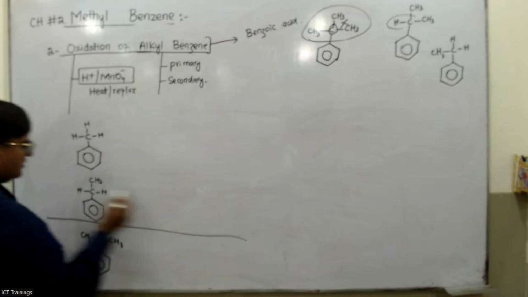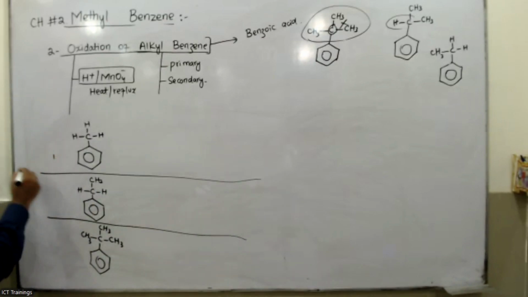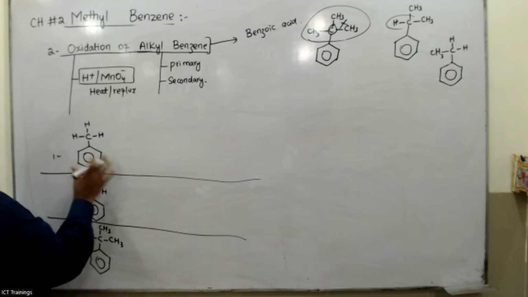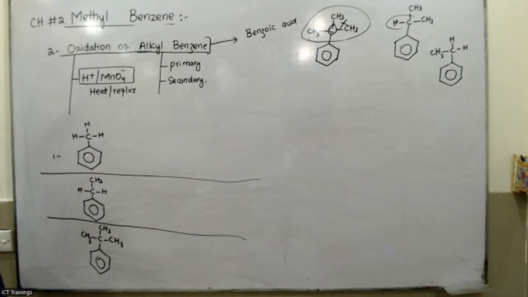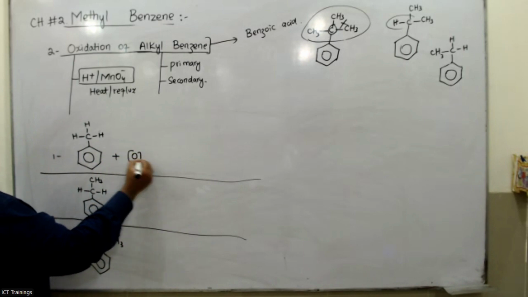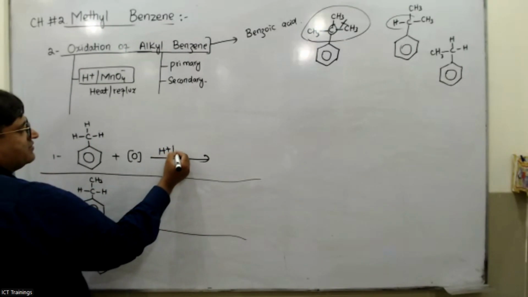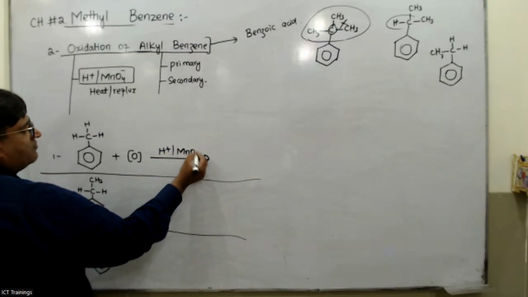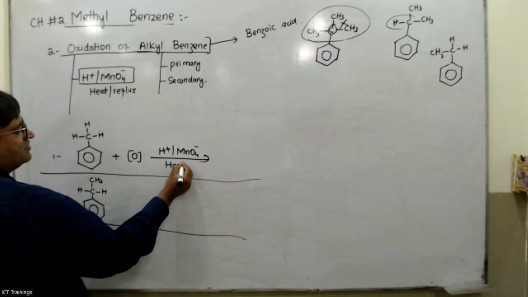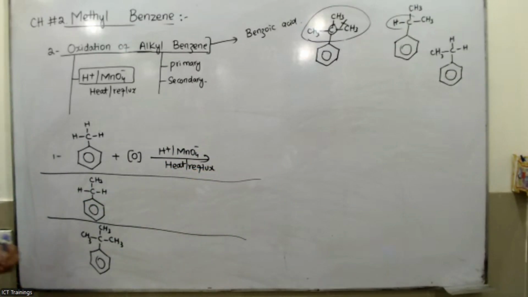So we have 3 different alkyl groups. This is the first one. Whenever oxidation takes place, my dear, listen carefully. The oxygen atom comes from this acidified potassium permanganate, MnO4 minus, and the conditions are heat under reflux.